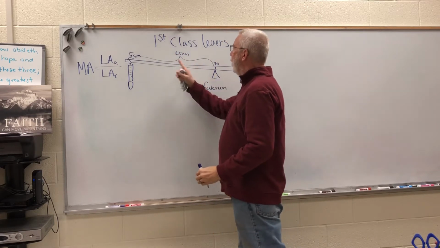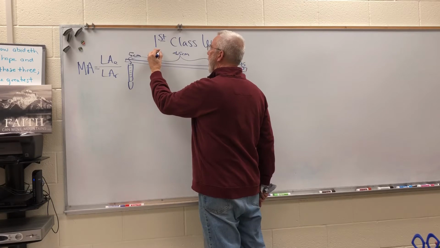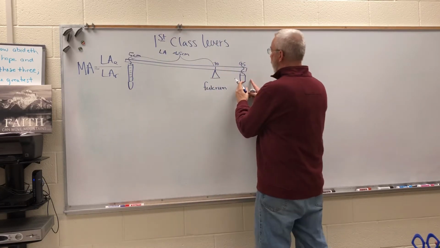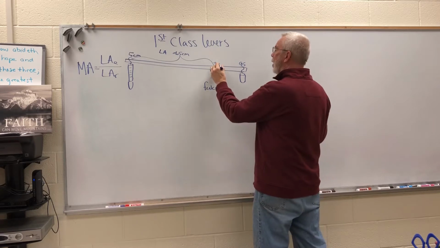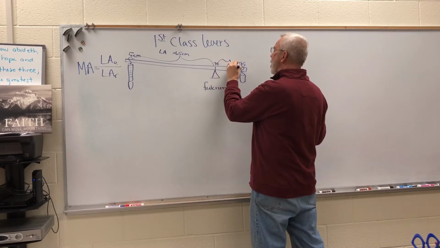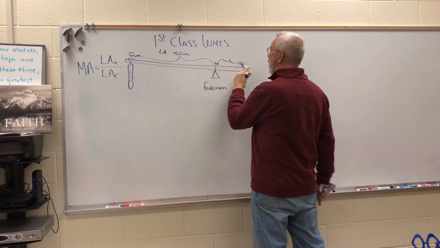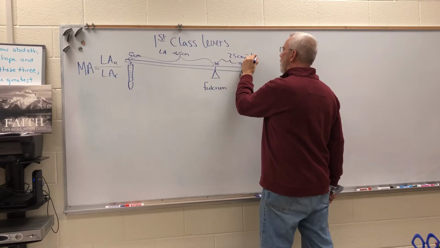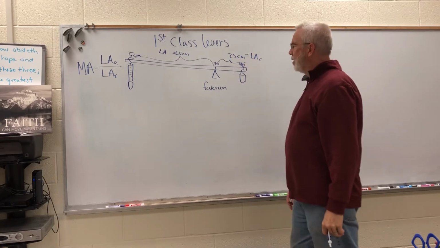And that would be the lever arm for the effort. And the lever arm for the resistance, which is the object, goes from the fulcrum over to where that force is being applied, and that is 25 centimeters.